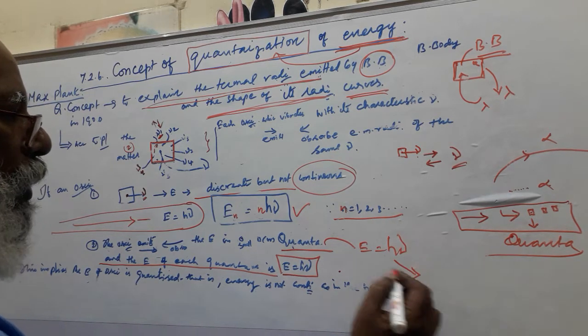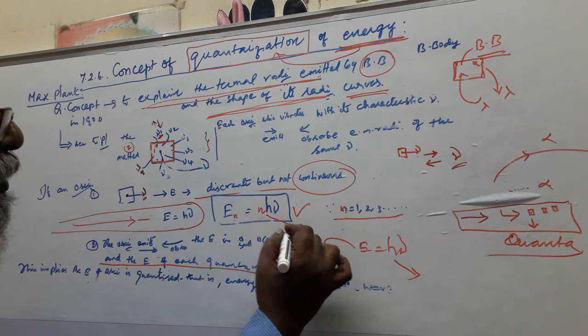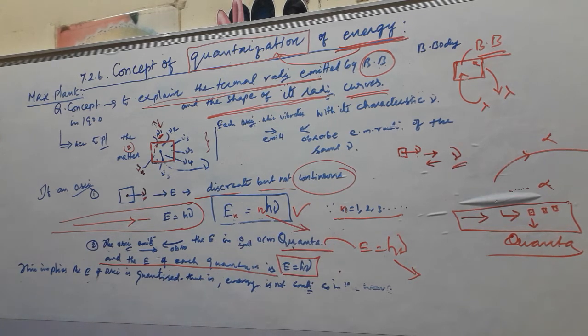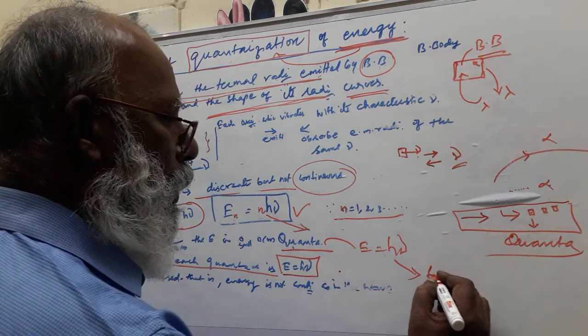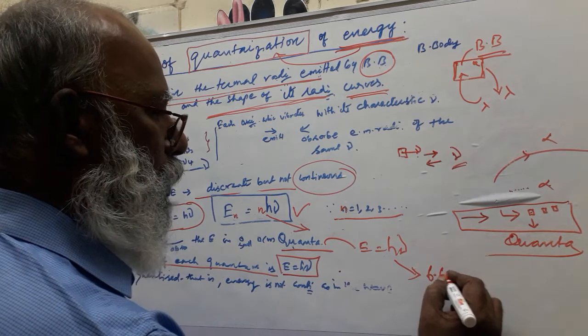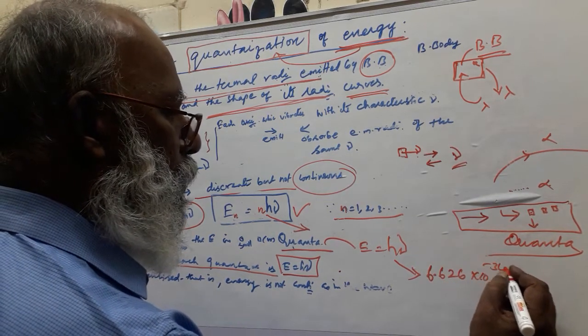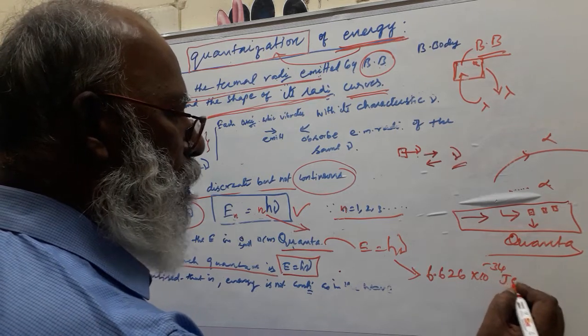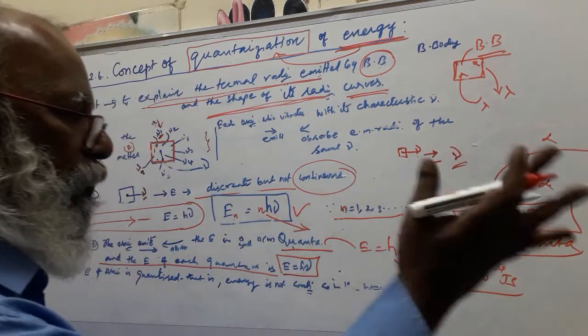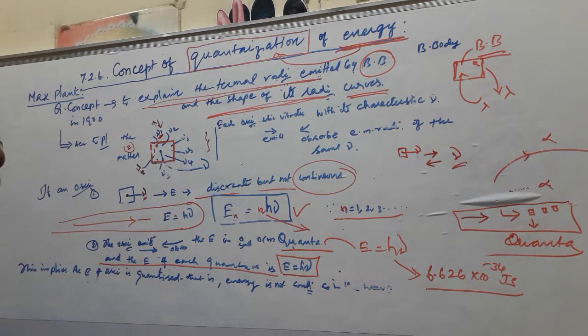H, we already know, is the Planck constant, and the value of the Planck constant is 6.626 into 10 power minus 34 joule second. This is constant wherever you consider the Planck constant.